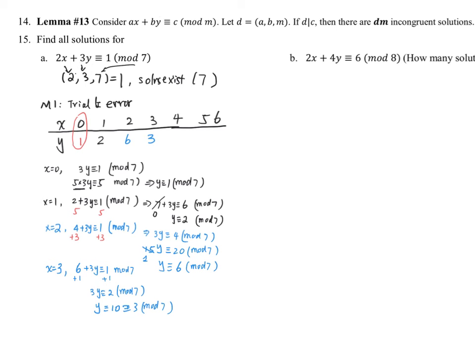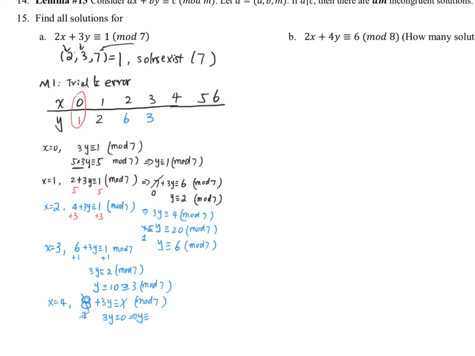And then when x is equal to 4, then 8 plus 3y congruent to 1 mod 7, because 2 times 4 is 8, and 8 is congruent to 1 mod 7. And 1 and 1 can cancel, you subtract 1 from both sides, so 3y is congruent to 0, which implies y is congruent to 0 mod 7. So therefore this is 0.